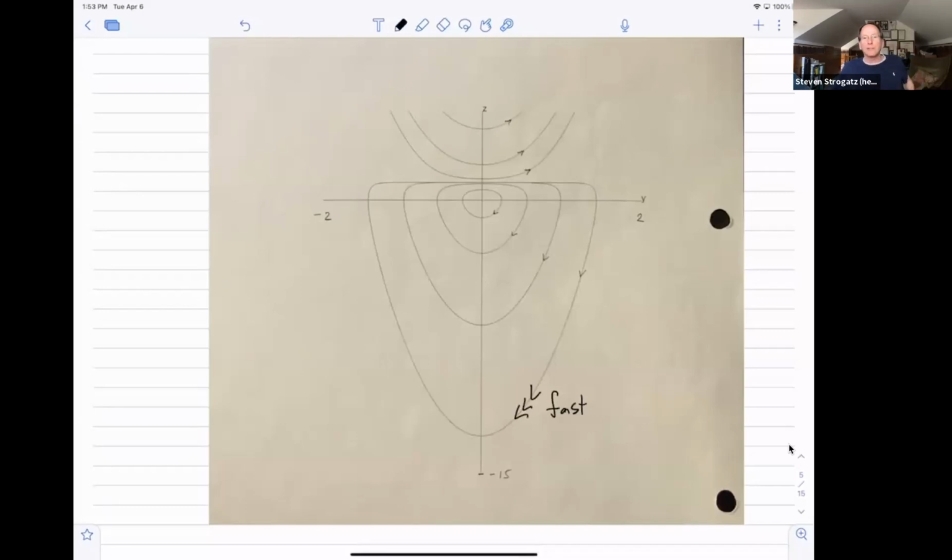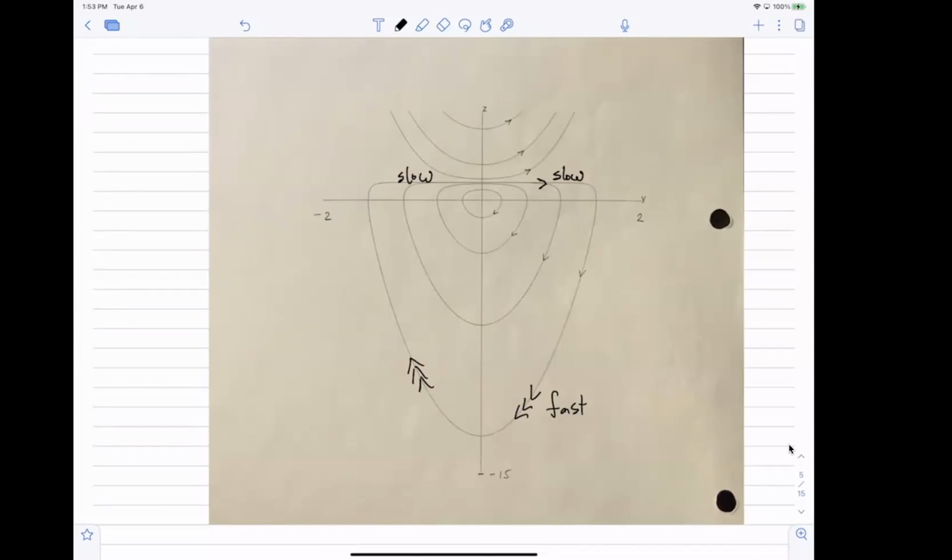You zip around on that part, and up here, it's very slow. You go blindingly fast on this part of the trajectory. So anyway, everything that you asked is right, but it shouldn't be surprising. It's because the x is invisible in this representation, just like time is not shown on a phase plane. It makes sense. Okay, good.